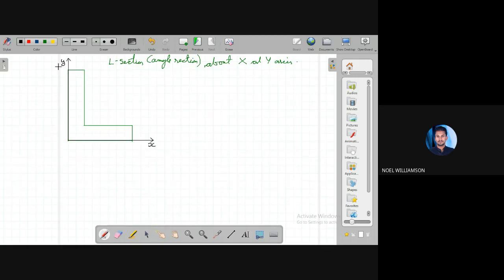So what is the difference in this question? Here you are already given two axes and you are asked to find the moment of inertia about that particular axis, and not the centroidal axis. The centroidal axis will be somewhere over here, but you are asked to find the moment of inertia about the axis which is given here. Okay, so what are the differences? How can you solve the problem? So we will find it.